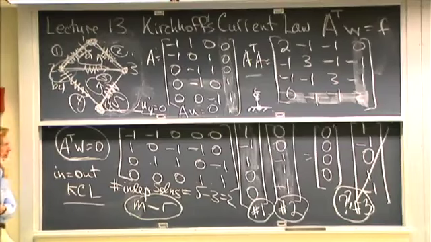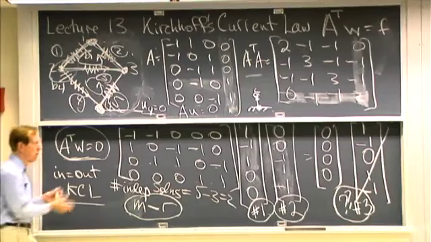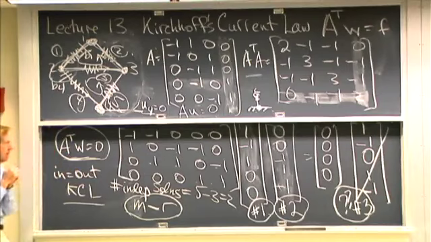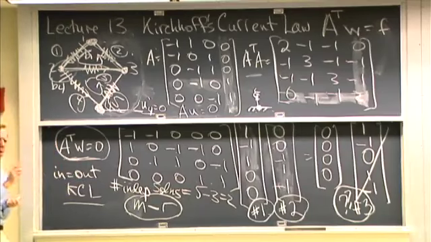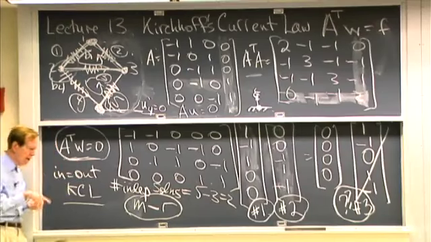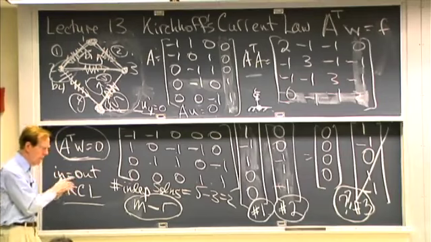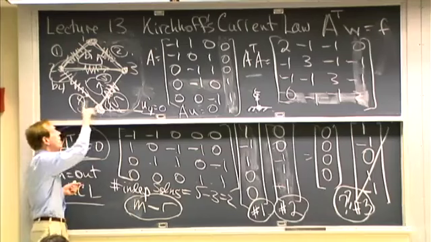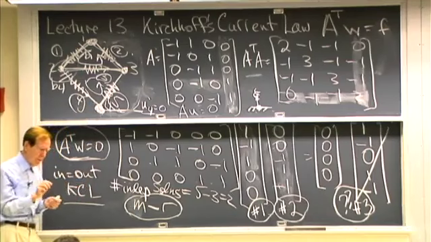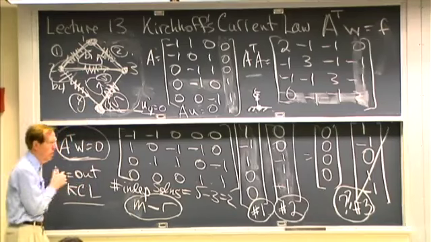It's sort of not so central to the world anymore. But the structure is just right somehow. And what I wanted to say is, in those days, you maybe took loop currents as the unknowns. You could think of currents in the loops as your principal unknowns. We don't do that now.